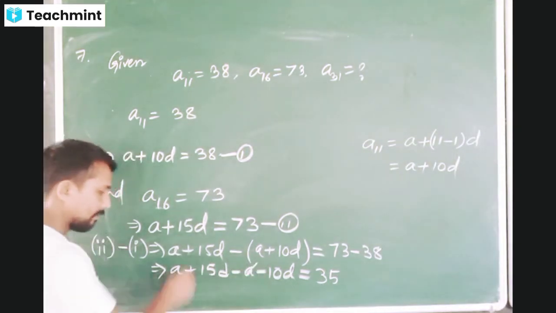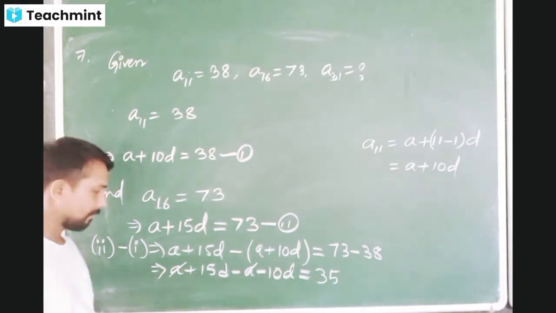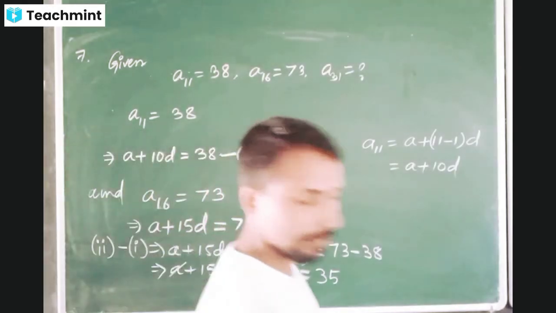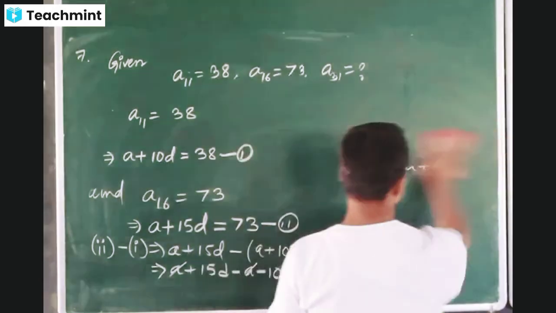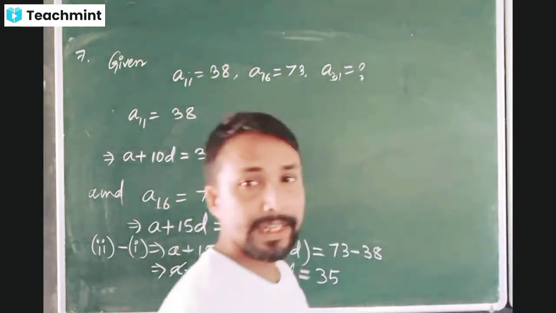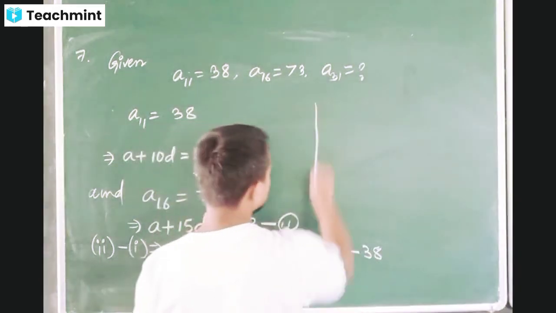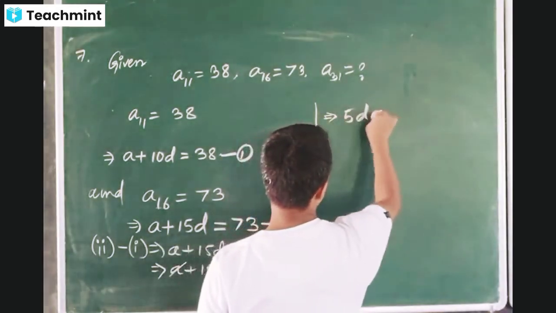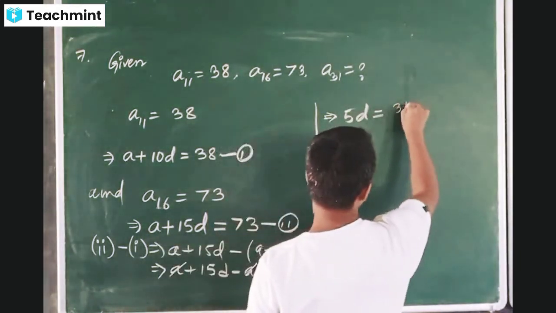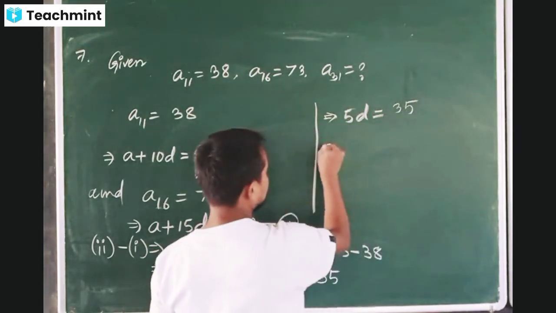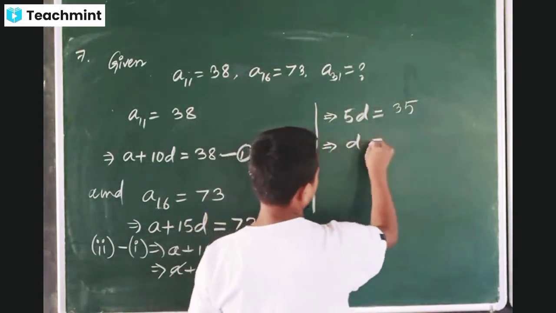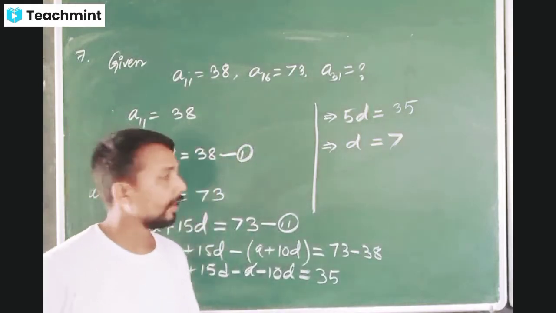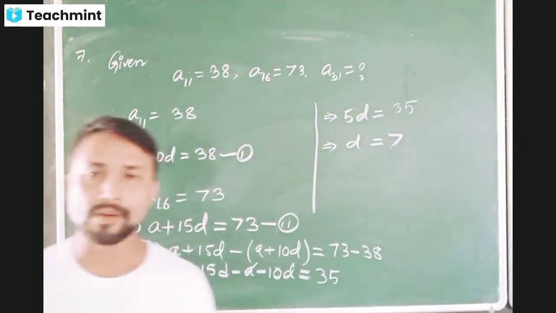Minus A plus A we can cancel. Now 15D minus 10D is 5D. 5D equal 35, and D equal 35 by 5, that is 7. We found the D value.